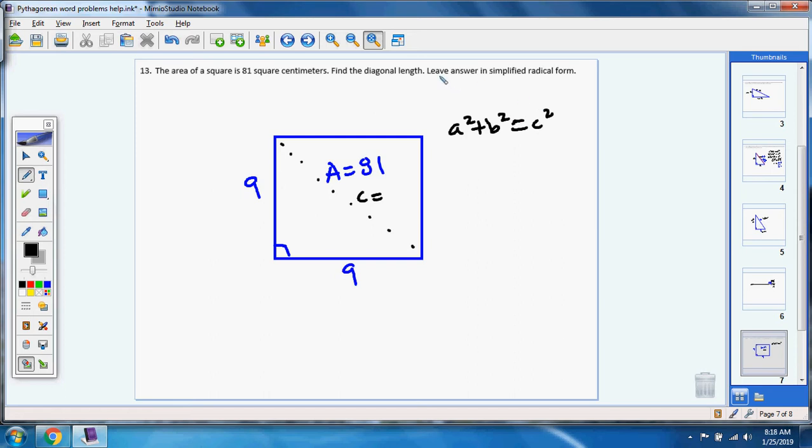But on this one, it says leave answer in simplified radical form, which means we're not going to be doing a decimal answer, which means it's a little bit less work. So we plug it in, we work it out.